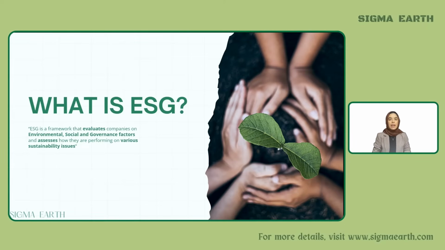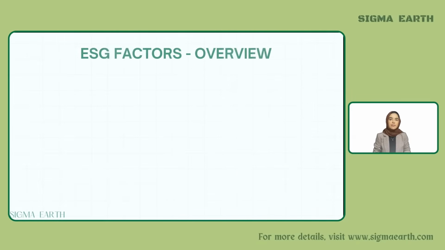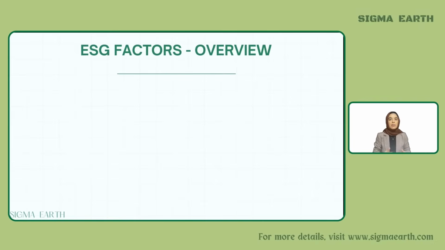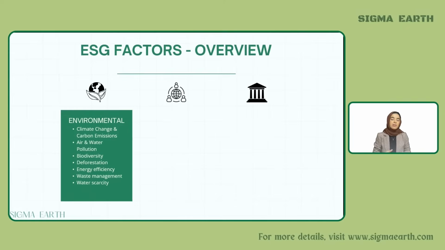Now we'll take a look at various environmental, social, and governance factors. What are the examples? The environmental factors may include climate change, carbon emissions, air and water pollution, biodiversity, deforestation, energy efficiency, waste management, and water scarcity.